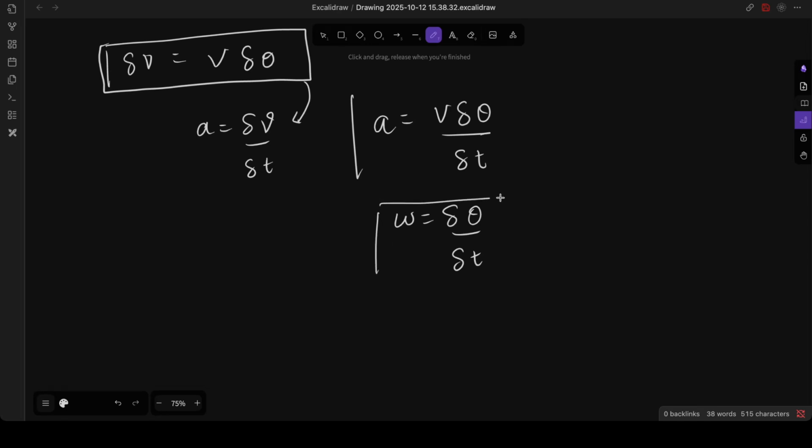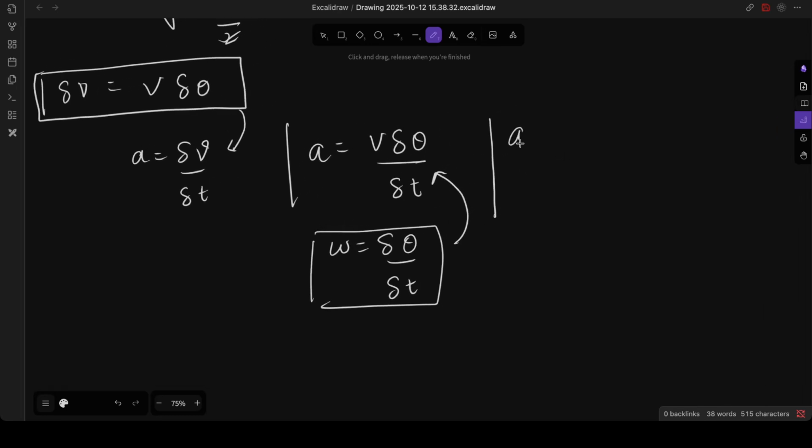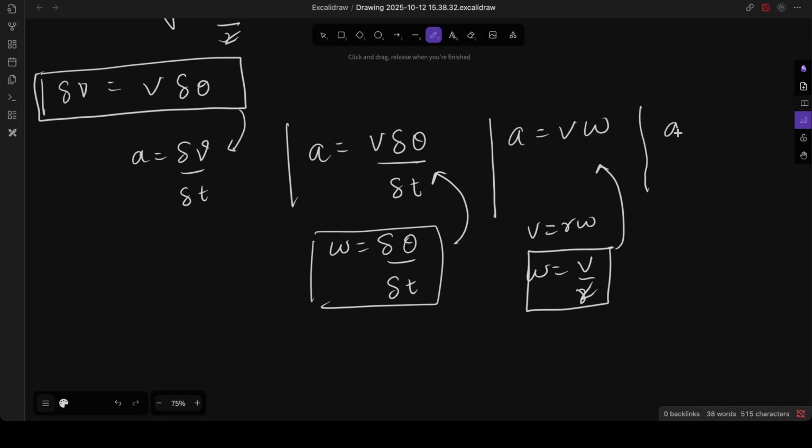That means my acceleration is v times omega. Apart from that, we also know that v is equal to r omega. That means omega is equal to v over r. So if I substitute it here, I'm left with a is equal to v times v by r. That means a is equal to v square by r.